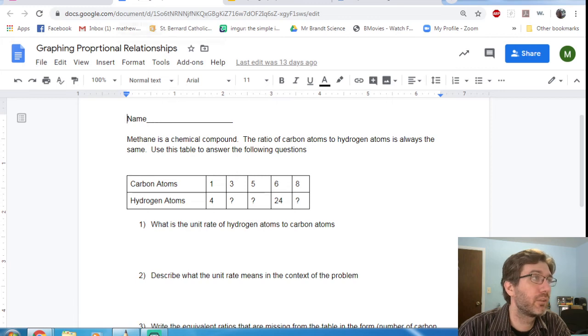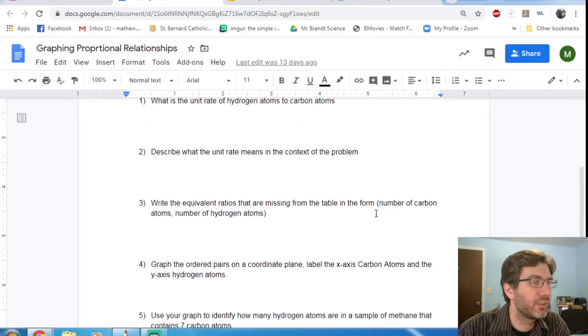And you're going to look at the unit rate of it. Hey, unit rate is 1 carbon for 4 hydrogen. That comes right out of there. But you find equivalent fractions to get the unknowns. So you can complete that and kind of go through it.